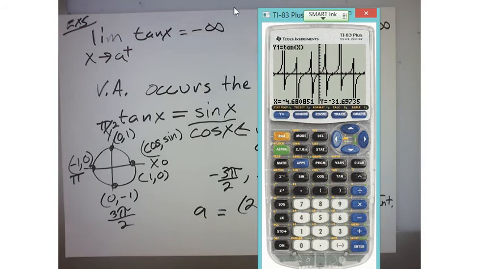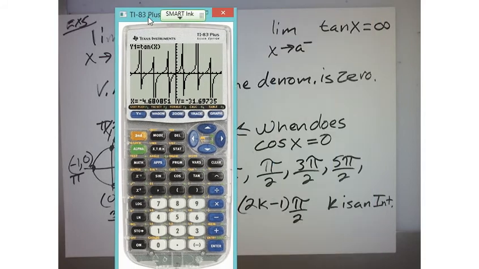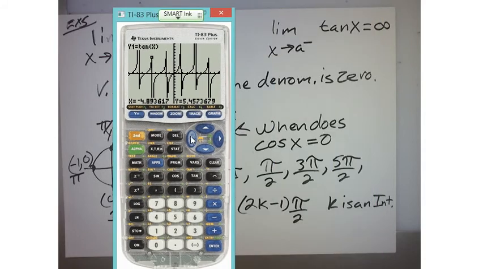If I go in the other direction, on the other side of that, in other words, if I approach pi over 2 from the left-hand side, my y value increases significantly and blows up to infinity. Does that make sense? You guys got this?